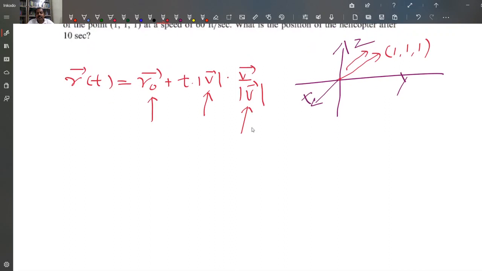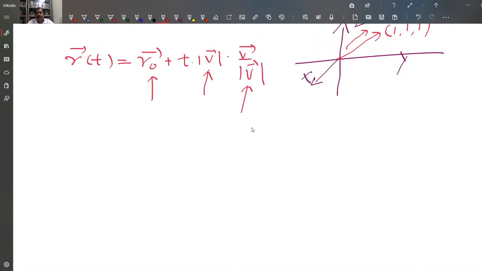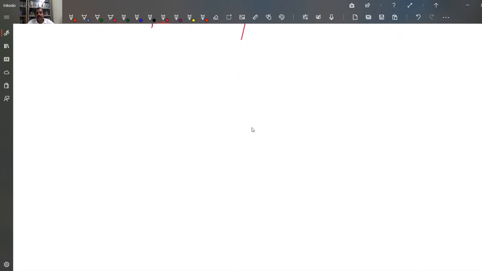What is the direction of motion? The direction of motion is in the direction of the vector 1, 1, 1. So the unit vector u is 1 by root 3 i plus 1 by root 3 j plus 1 by root 3 k.